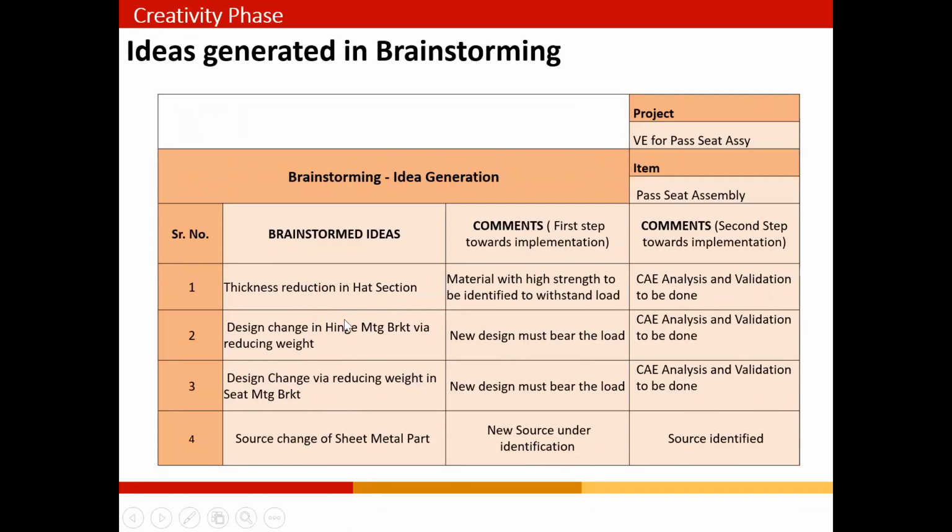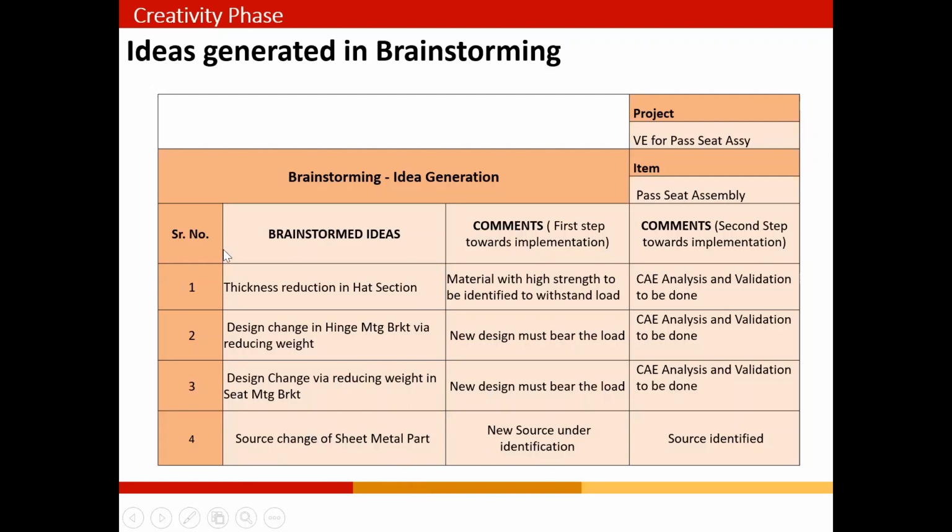They generated some ideas by reducing the thickness in the head section, and they also found three other ideas, which include a design change in the mounting bracket, thereby reducing the weight. At the same time, they also found a change by reducing the weight in the seat mounting bracket itself. It's in the hinge mounting bracket, and this one in the seat mounting bracket. And the last idea is to change the source from X to Y.